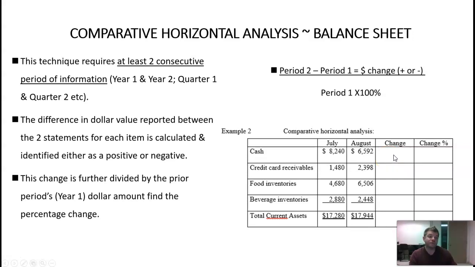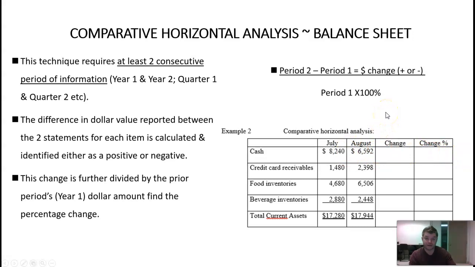And then what we're going to do is divide this by period 1. So it looks like 1,600 and change or so. So I'm going to take that negative 1,600, divide it by 8,240, and that will tell me how much my cash account has gone up or down as a percentage from July to August.